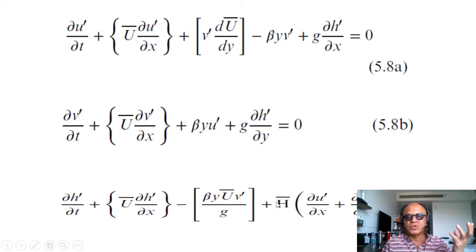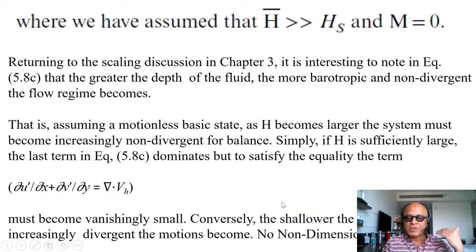Okay, so correspondingly, this term has to become smaller and smaller or go to 0 if H bar times this term has to be equal to 0. So the deeper the water column or the atmosphere column, H bar, the more barotropic and non-divergent the fluid is going to be. So assuming a motionless base state, as H becomes larger, the system must become increasingly non-divergent for balancing the other equations, just for consistency.